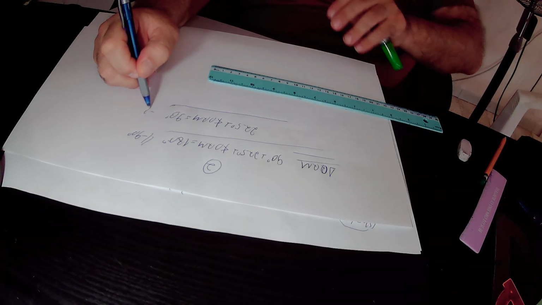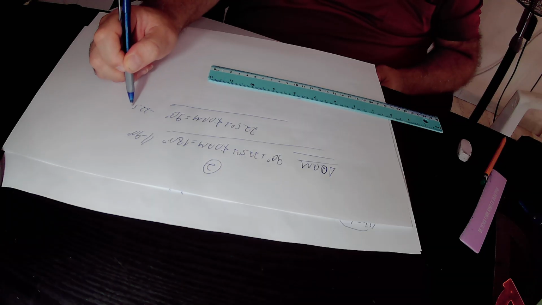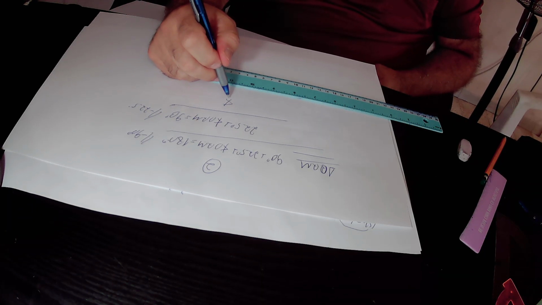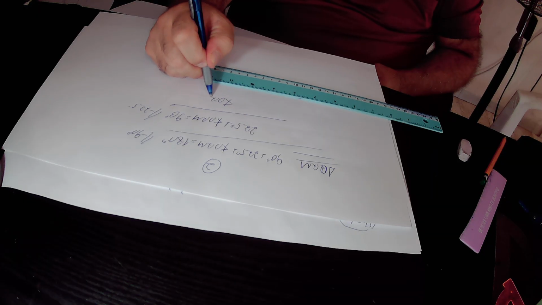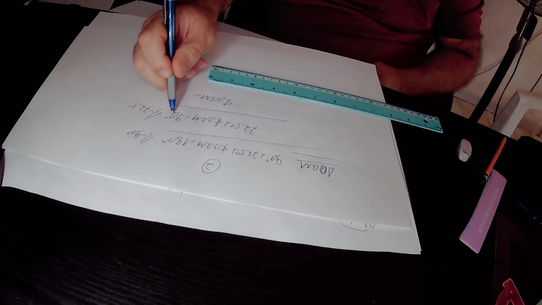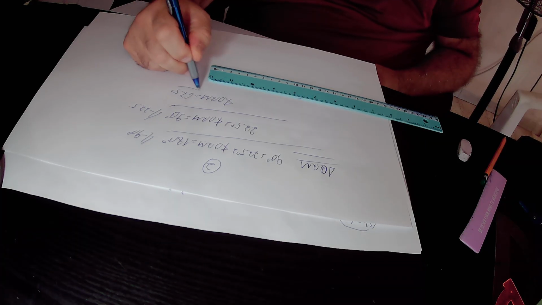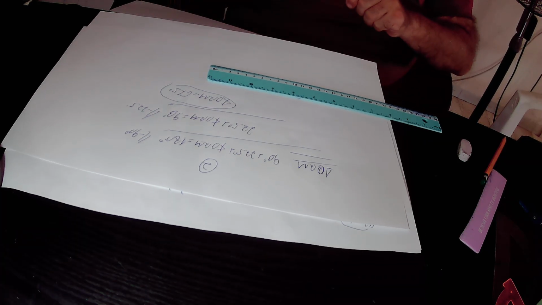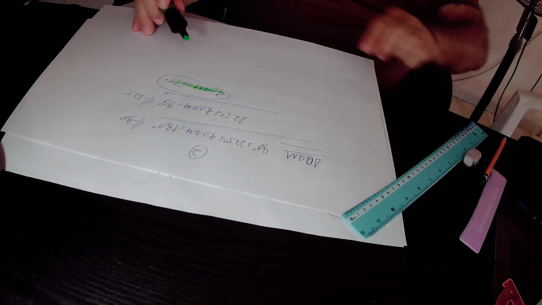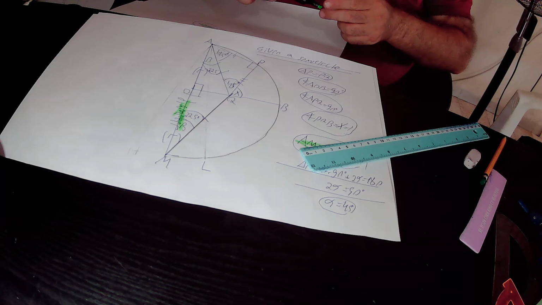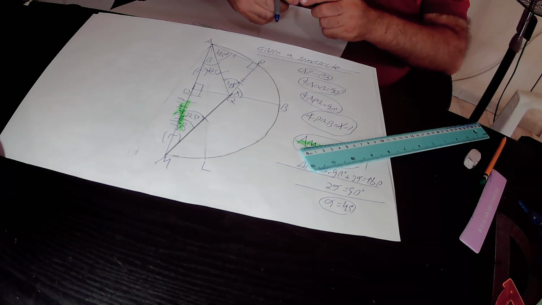Here we subtract 22.5 degrees from the equation, and we get that the size of the missing angle OQM is equal to 90 degrees minus 22.5 degrees, which is 67.5 degrees. So we found out that the size of this missing angle OQM is equal to 67.5 degrees.